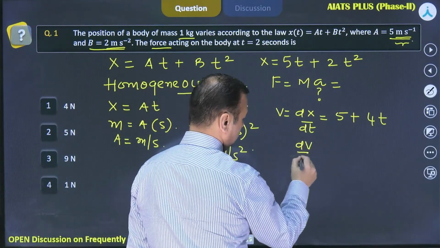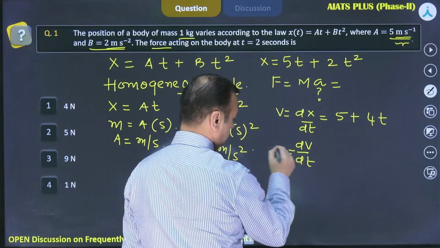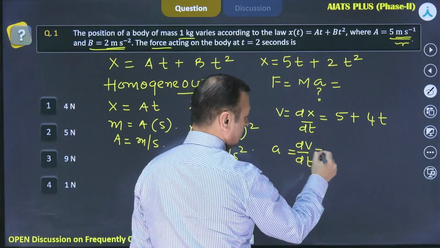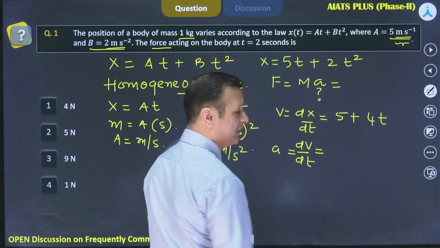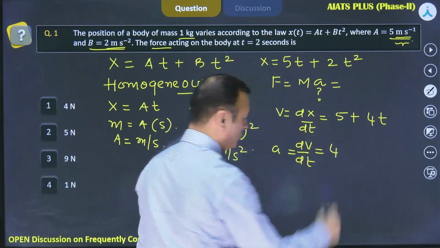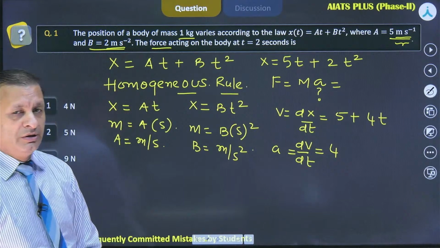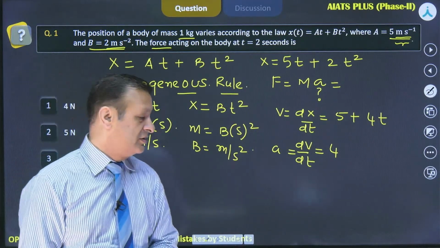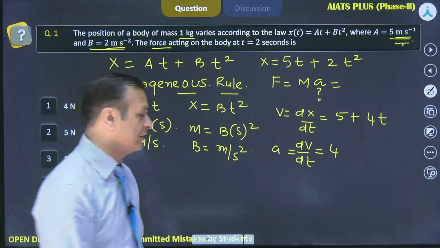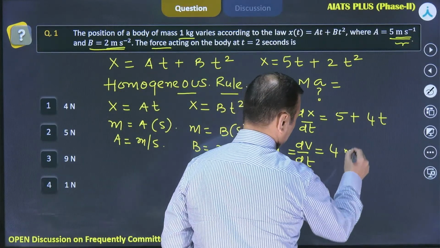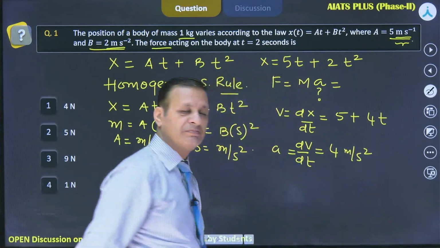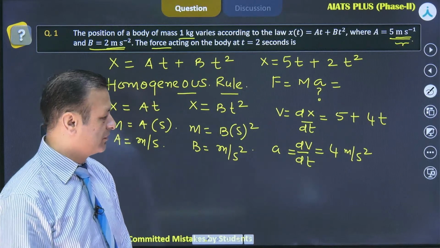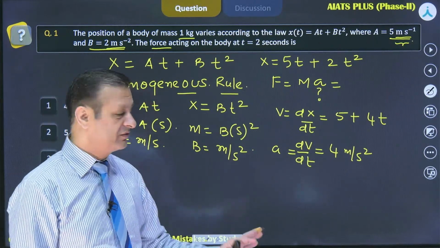So dv by dt is your acceleration, and this becomes, the derivative of 5 is 0, 4t becomes 4. So acceleration is 4 and unit wise meter per second square only. So we got the expression for the acceleration.